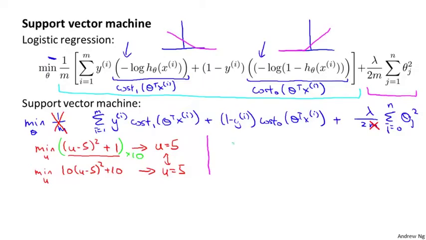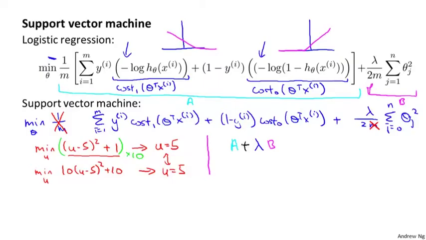We controlled the trade-off between these by saying we wanted to minimize A plus lambda times B, where I'm using A to denote the first term, and B to denote the second term, without the lambda.